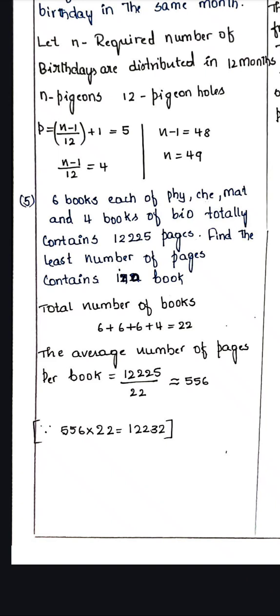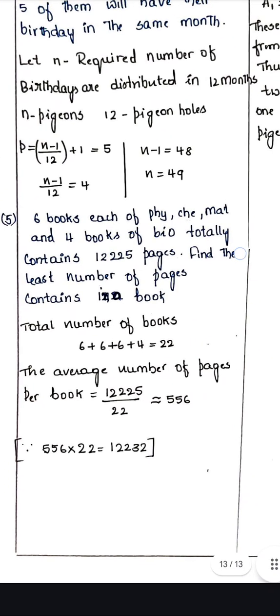Then the average number of pages per book: 1225 by 22 equals 55.6, that is nearly 56, the average number of pages.